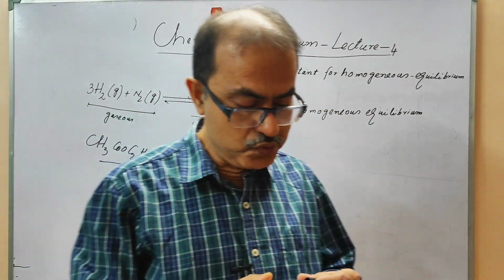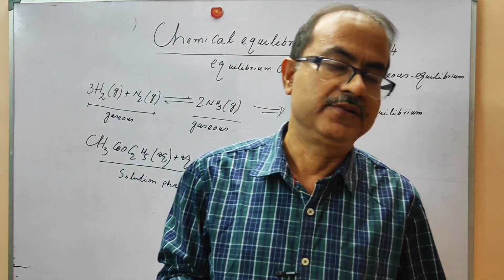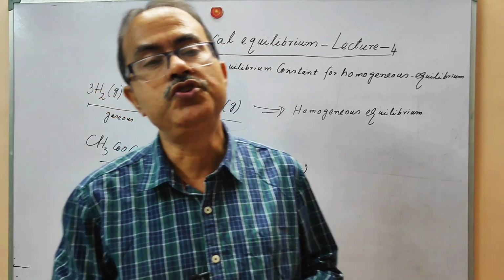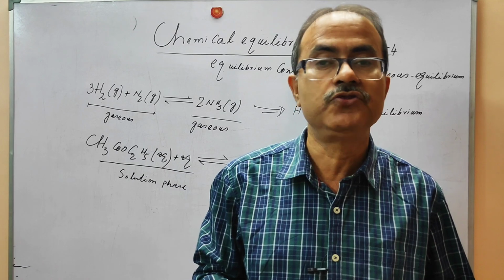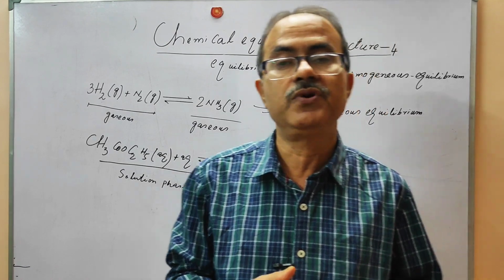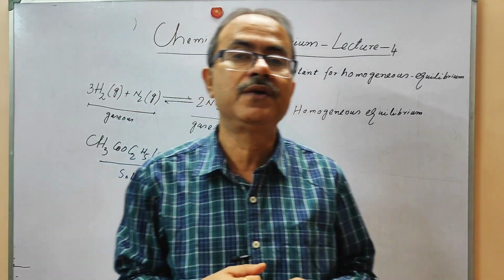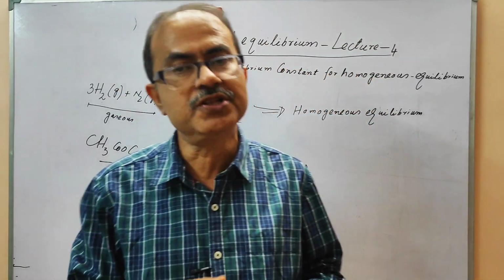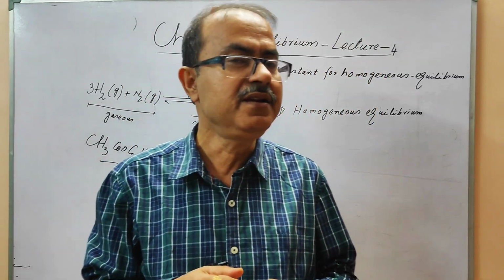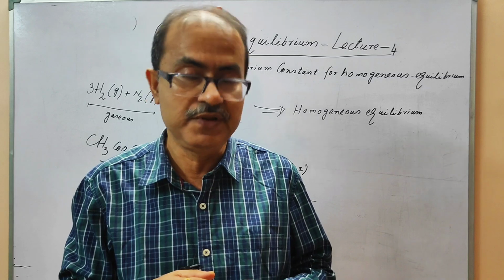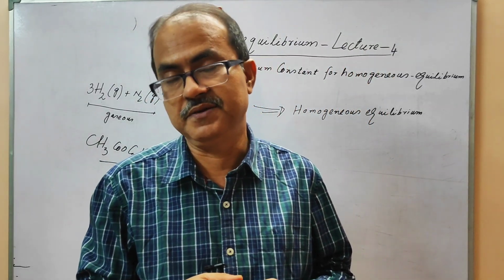Now we want to make an equilibrium constant for the homogeneous gaseous reactions. Already we know what is equilibrium constant. In the previous lecture we have discussed it in detail. This is basically the ratio of the concentration of the product and the concentration of the reactant, and we have to consider the stoichiometric coefficients of the balanced reaction.